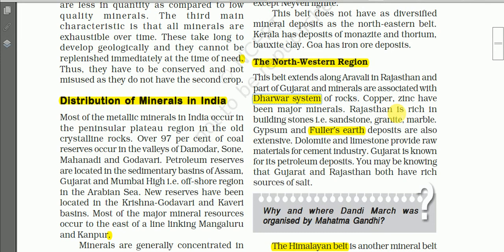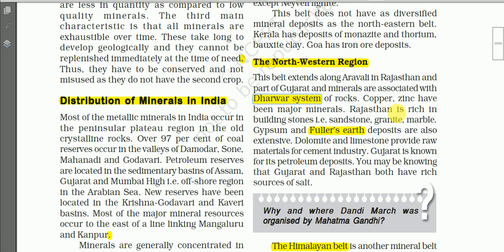Actually, Dharwar is a region in Karnataka, and there the first metamorphic sedimentary rock system was studied, meaning sedimentary rocks derived from weathered metamorphic rocks. That rock system is known as the Dharwar system after the name of the region. Because of that, if you find other similar rock systems in other parts of India, that rock system is also known as the Dharwar system.